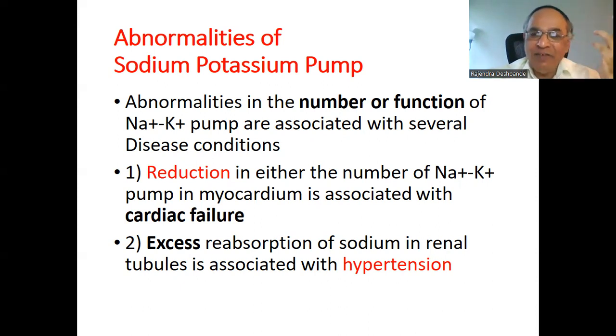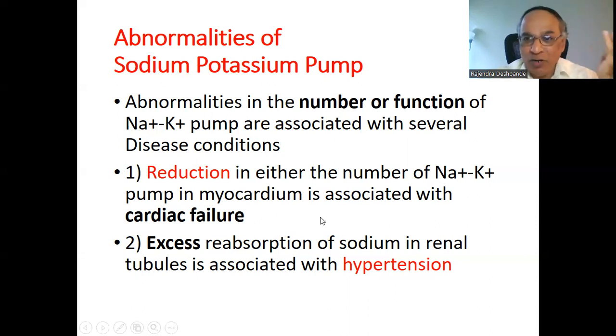And naturally, the peripheral resistance will increase, because blood pressure depends on two factors: cardiac output and peripheral resistance. Peripheral resistance depends on the density of the blood and the lumen of the vessel. So density will increase and BP will shoot up.